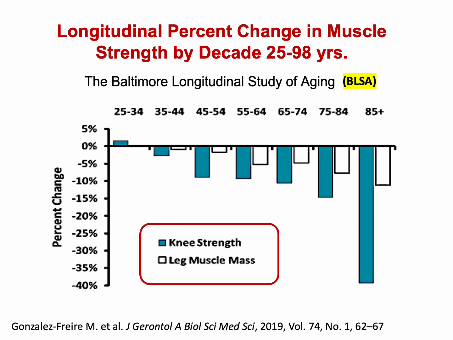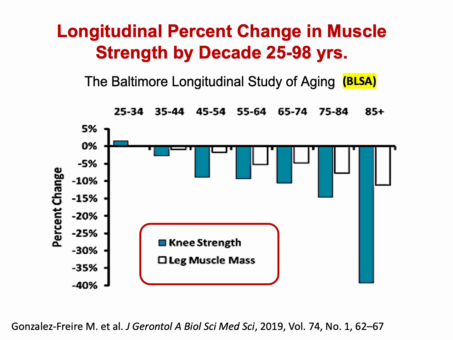Measured here are the knee strength through isokinetic dynamometry and muscle mass determined by DEXA. Interestingly, as you can see, the rate of decline for both parameters is steeper with older age, but the decline in muscle strength, in the blue bar, is substantially greater than the decline in muscle mass, represented here by the open or white bar.